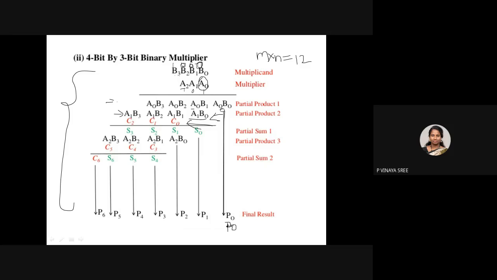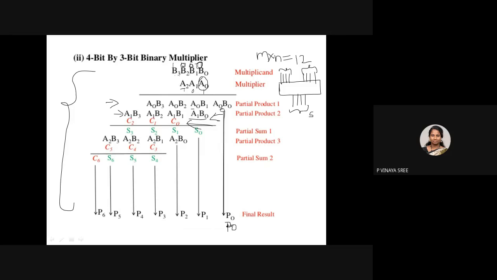But in the first one, since the least significant bit has been given for the product P0, we have the other operand. Let me show this example. When there is a 4-bit binary adder, you will have 4 inputs as A and 4 inputs as B, and you will be getting what output?